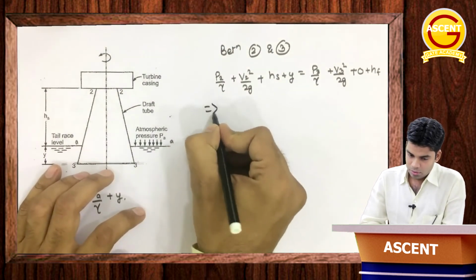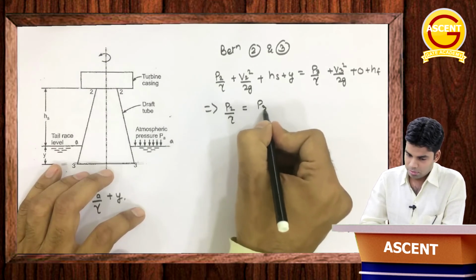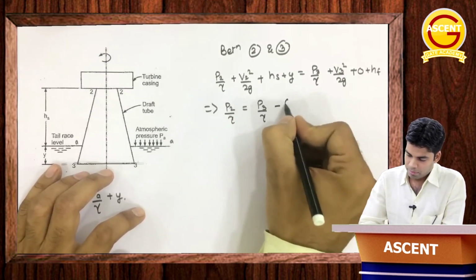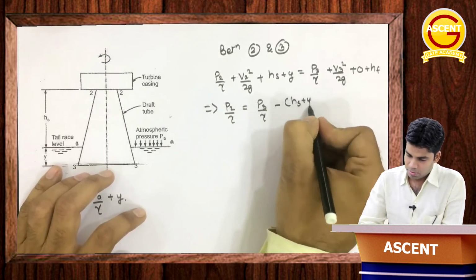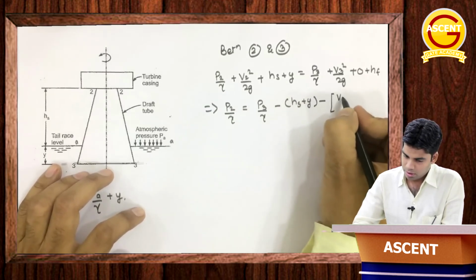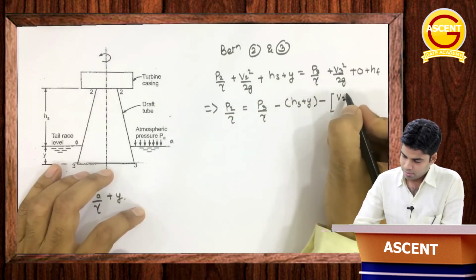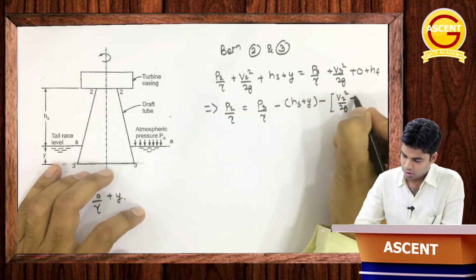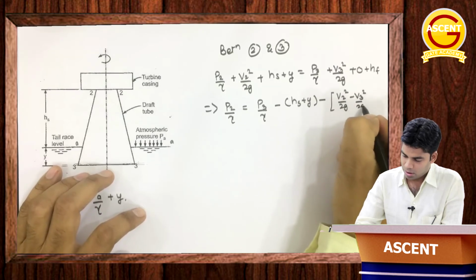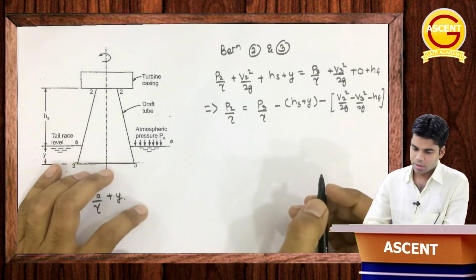Now further this can be written as P2 by gamma equal to P3 by gamma minus HS plus Y minus V2 square by 2G minus V3 square by 2G minus HF. We are taking the minus sign as common.